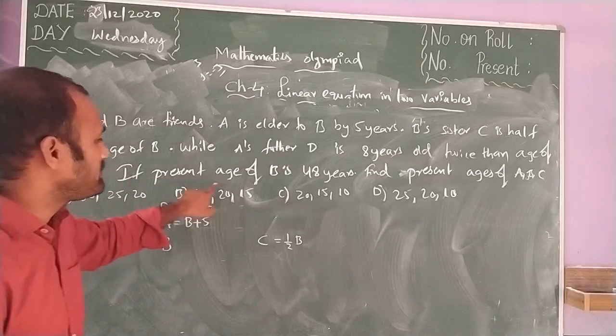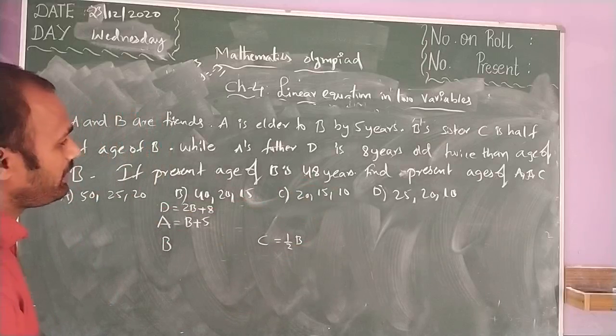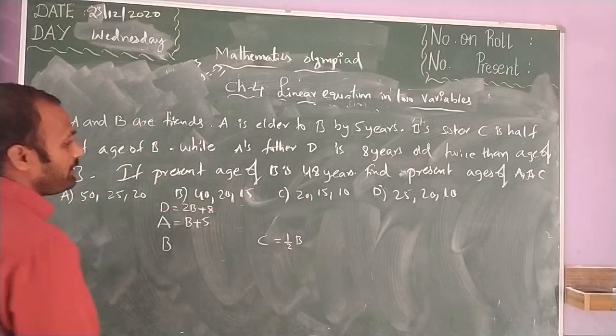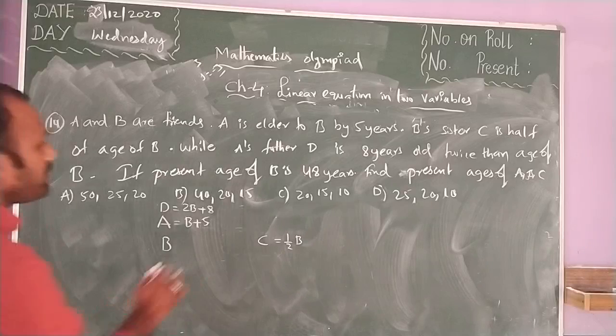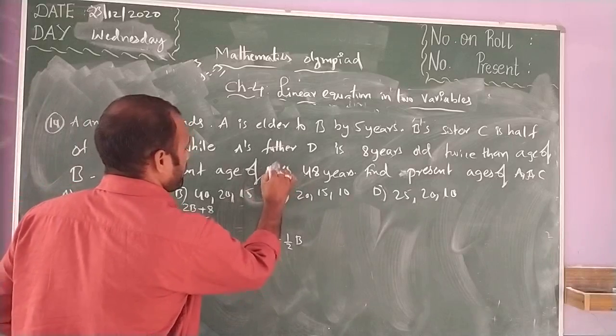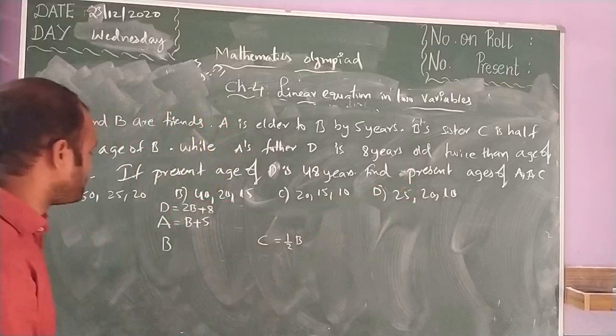Next, if the present age of D is 48 years, find the present age.